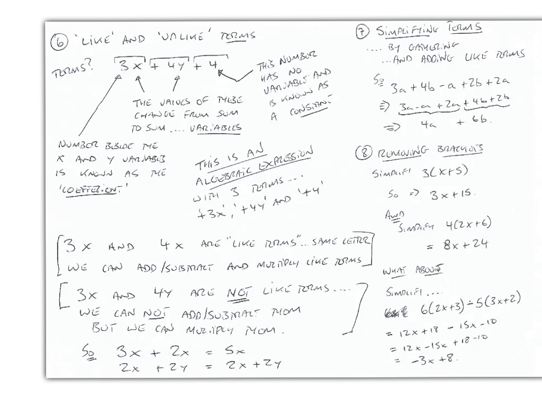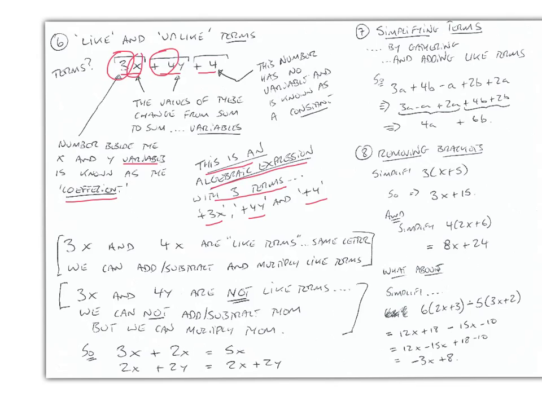Let's look at some of the language and terminology that we use in algebra. So let's look at this expression here, 3x plus 4y plus 4. This is known as an algebraic expression, and it has 3 terms, plus 3x, plus 4y, and plus 4. Always the number beside the x and the y variables, they're known as the coefficient.